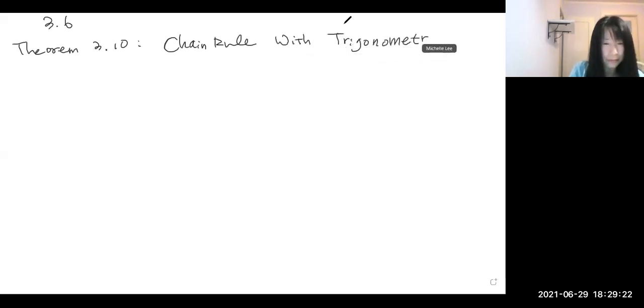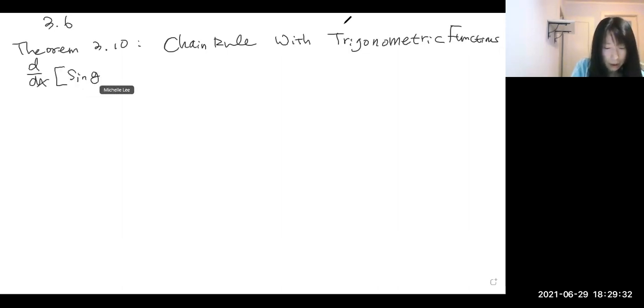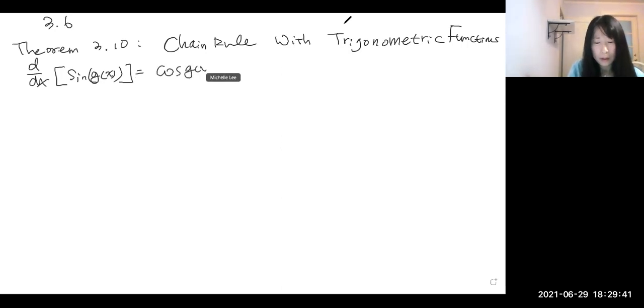The derivative of sine g of x, and we know this is cosine g of x, then whatever is inside, we use the chain rule, so g prime of x, right?